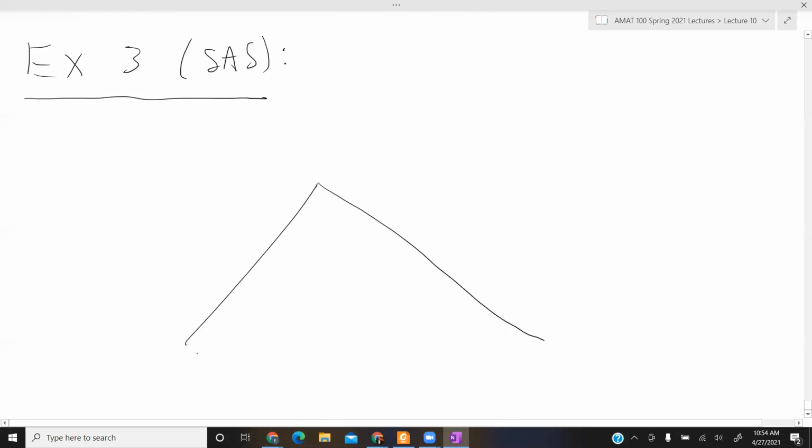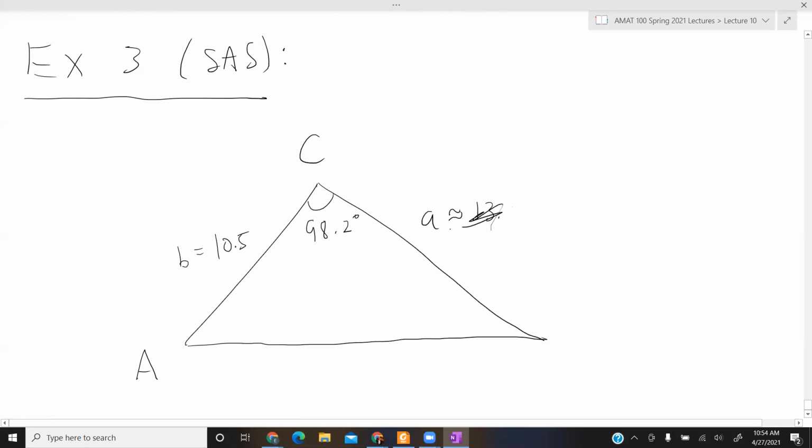We have this triangle, and we're not given A. We're given C, though, the angle measure of C, and we're told that it's 92.8 degrees. We're given side B, which is 10.5. We're given side A, which is, for some reason, approximately 13. Oh, no, that's what we're going to solve for, I think.